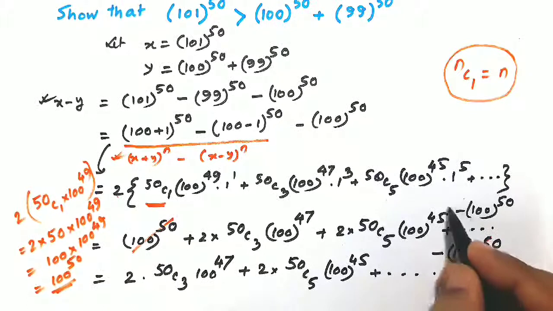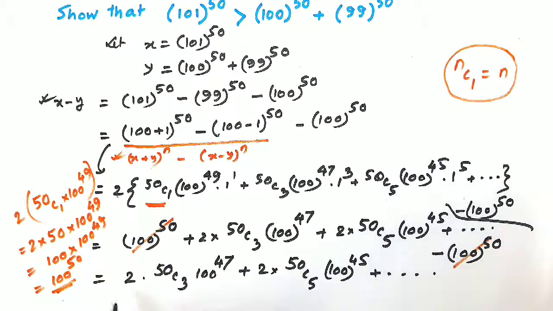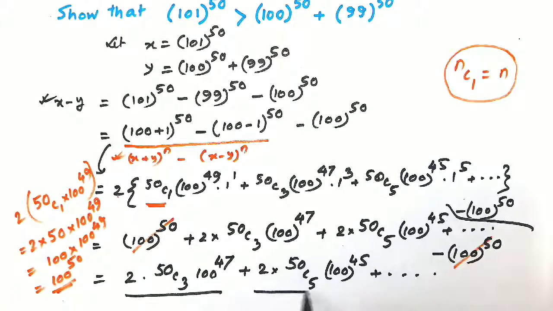Okay. So friends, watch carefully. 2 is a positive number, 50C3 is a positive number, 100 to the power 47 is a positive number. This term is positive, and the other terms which are coming are also positive, and they are in addition form. So ultimately the total expansion will give you a positive quantity, isn't it?